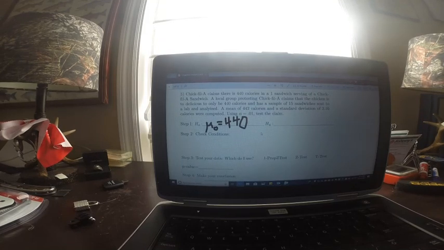Alright, so it says that a mean of 442 was found, but it also says the chicken is too delicious to only be 440. So it thinks that our mu is greater than 440. So hopefully you're able to gather that from the question. So the protest group thinks it's greater than 440 calories.